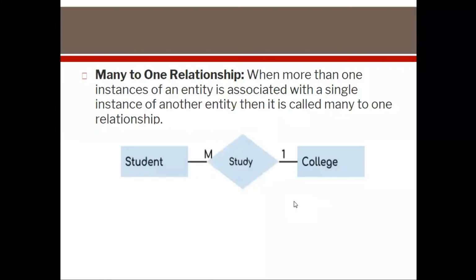Moving on to your next one, that is many to one relationship. Okay, so basically in a many to one relationship, many students study in one college, right? Many students could study in one college. तो इस relationship को हमने क्या cardinality दिया? M and N. That means many students studying in one particular college.